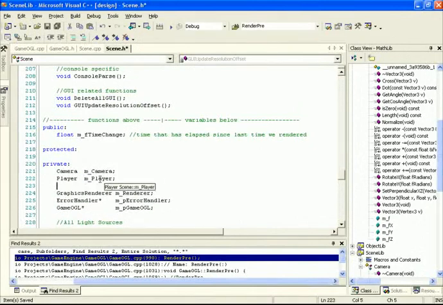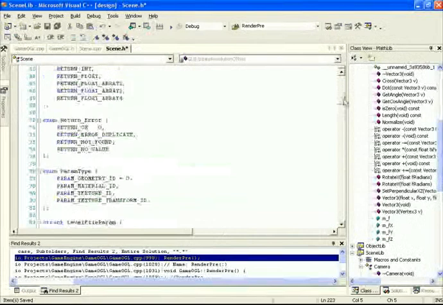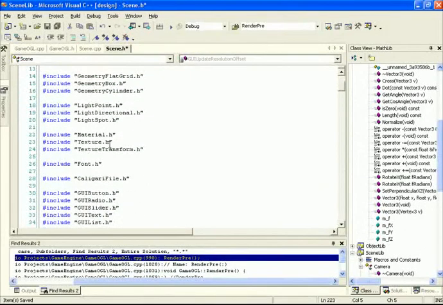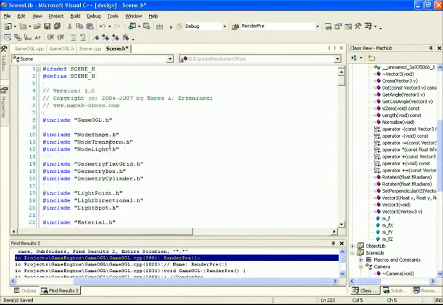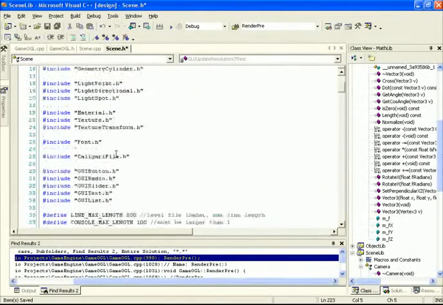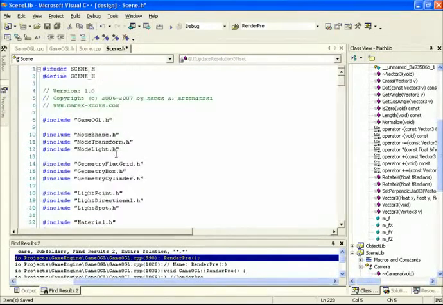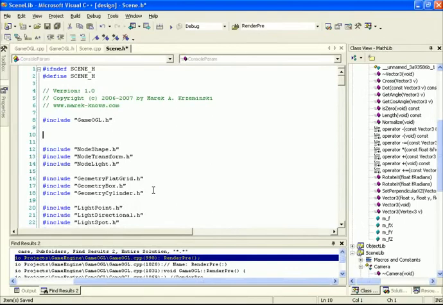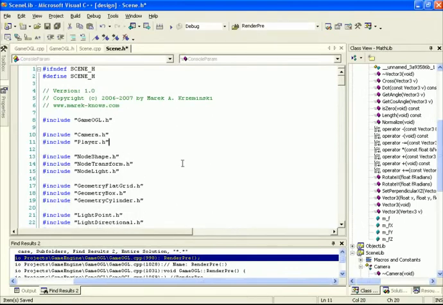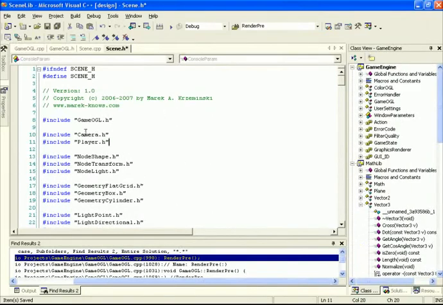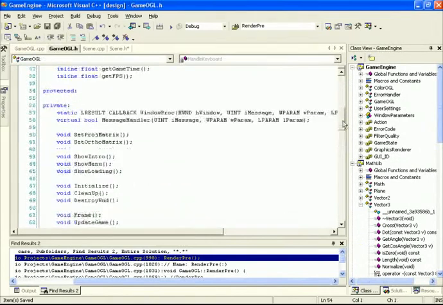Because we're doing this now, we need to scroll up to the top here and we'll need to add a new include to include both our camera and our player. Like so. If you still have your camera and player inside of game OpenGL, you can go and remove them since you don't need them anymore in here.